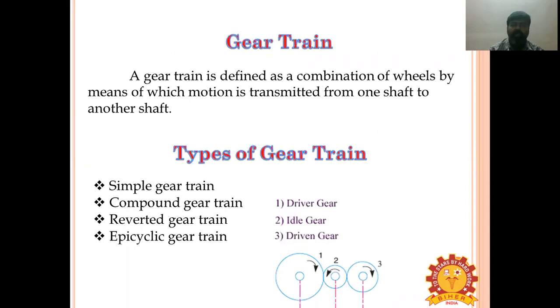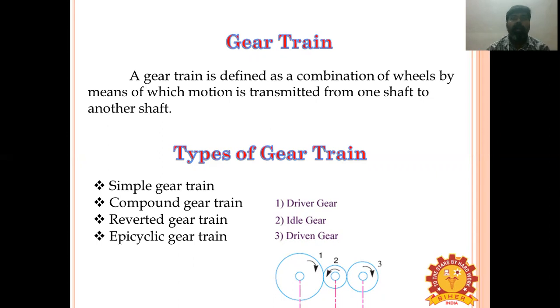Come to the gear trains. What is meant by gear trains? A gear train is defined as a combination of wheels by means of which motion is transmitted from one shaft to another shaft. It becomes very necessary when it is required to obtain large speed reduction within a small space.